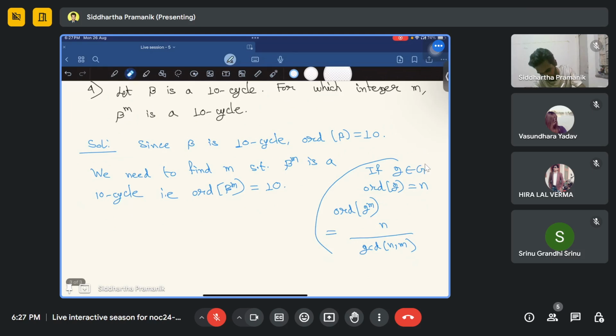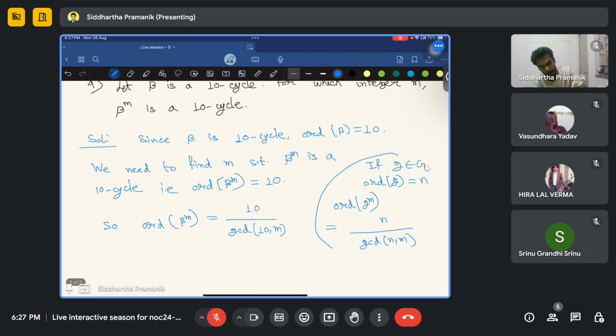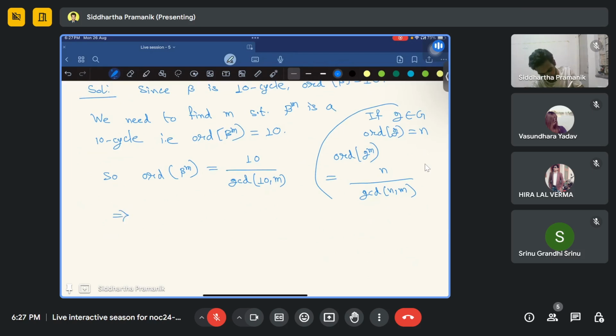So let's write the formula. The order of beta power m is n divided by GCD, where the order of g is n, and n is 10 in our case. So it is 10 divided by GCD of 10 comma m. And the left-hand side is also 10, so 10 equals 10 by GCD of 10 comma m.